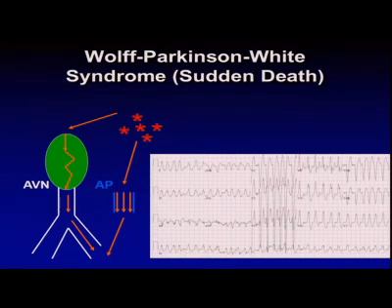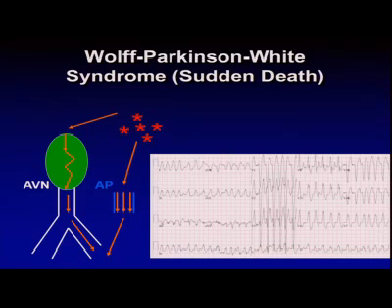Contrast that to this arrhythmia. This is the same patient that has WPW where you develop something called atrial fibrillation, let's say. So the top chamber of the heart's going like this, fibrillating. All those electrical signals from the top chamber are trying to make it down the AV node, and the AV node's blocking them. The AV node's saying, slow down, slow down, slow down, so the ventricle doesn't go fast. But the pathway doesn't.